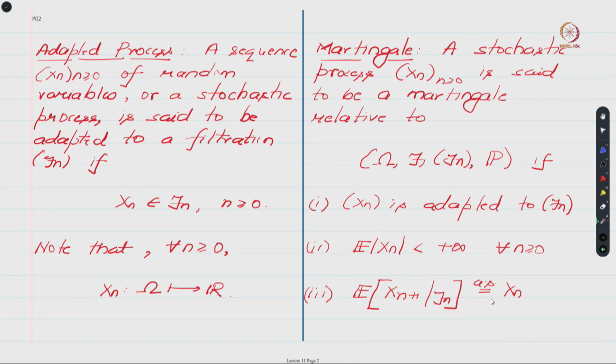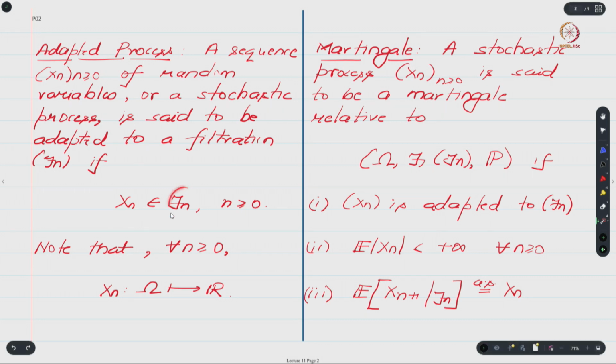Okay. So now given a filtered space, we will define what is called an adapted process. A sequence Xn of random variables, or equivalently a stochastic process, is said to be adapted to a filtration Fn if it satisfies the following property, that Xn belongs to Fn. Again, when I write this notation, I do not mean belongs to in the set notation context.